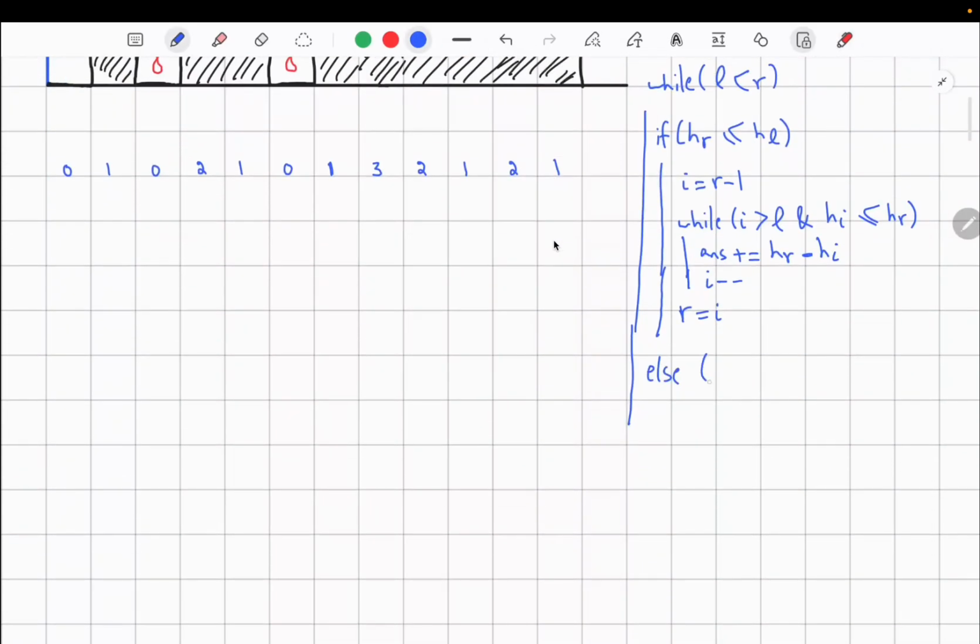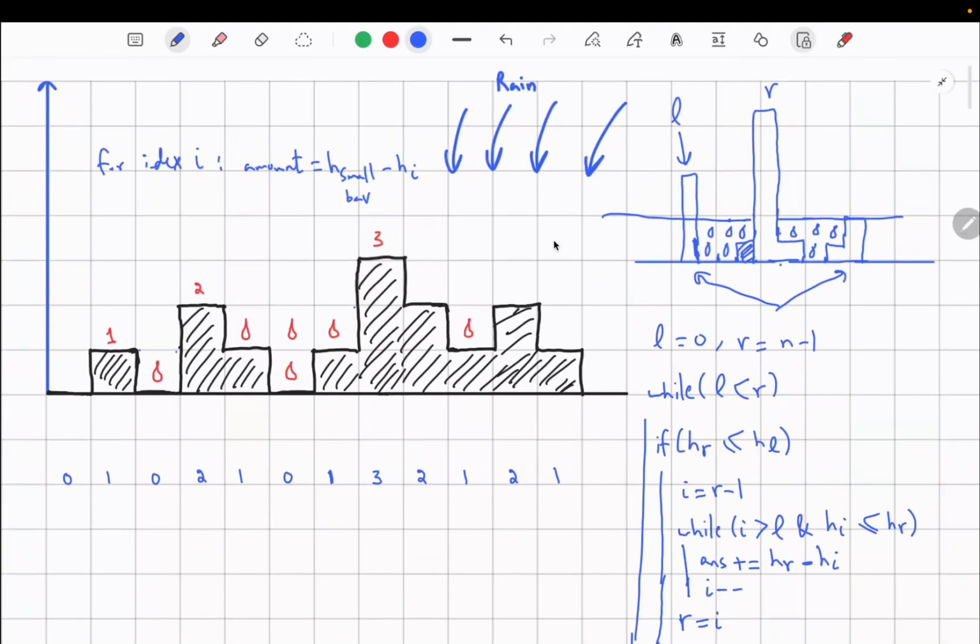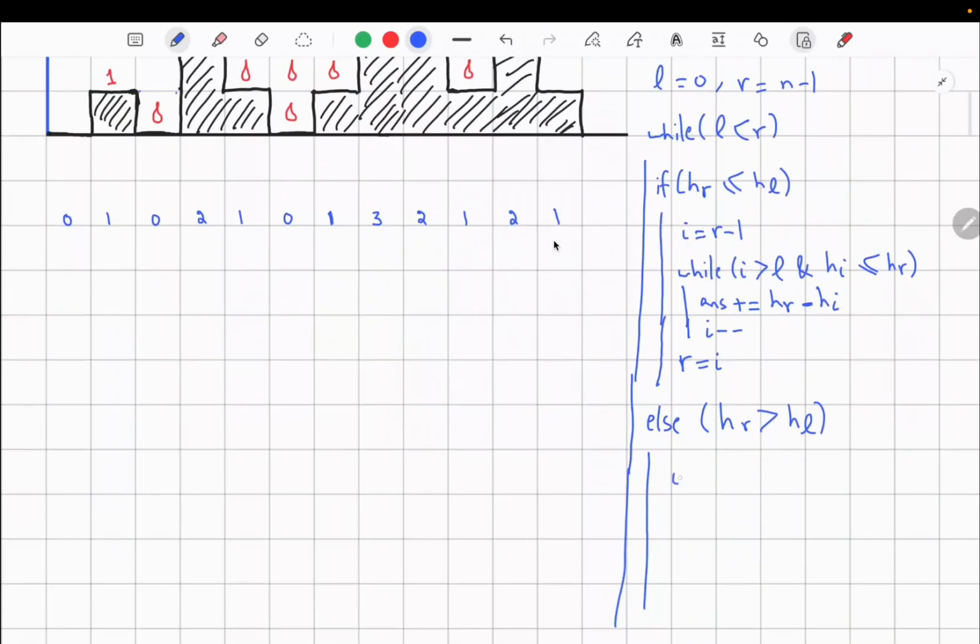So else meaning the height to the right is strictly larger than the height to the left. What should we do in this case? As we discussed, we will put the iterator next to the bar with the lower height, which is the left in this case. So I will be equal to left plus 1.